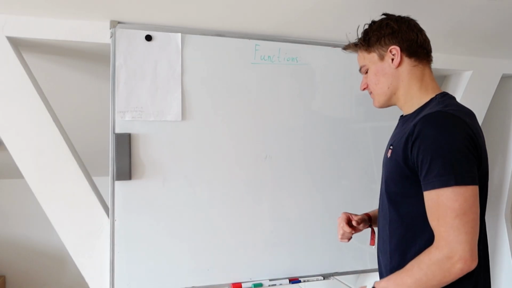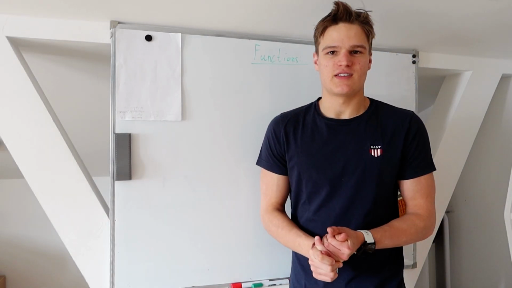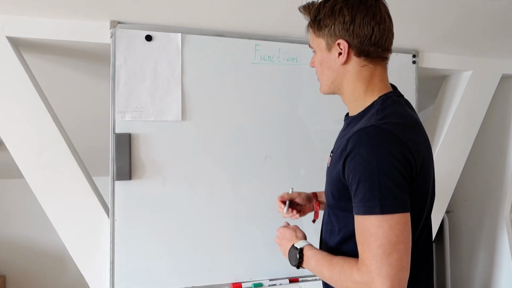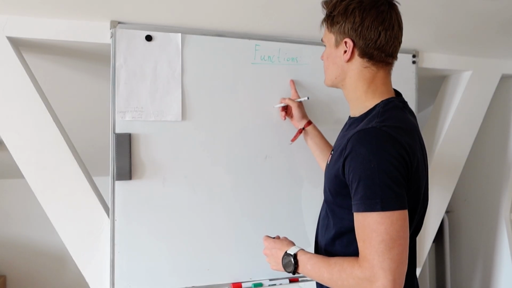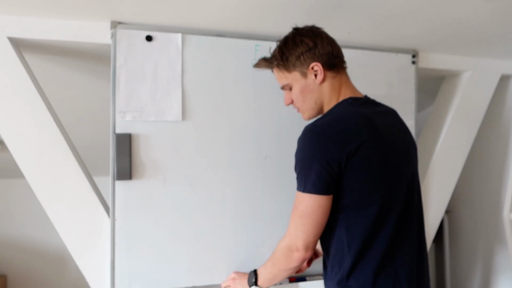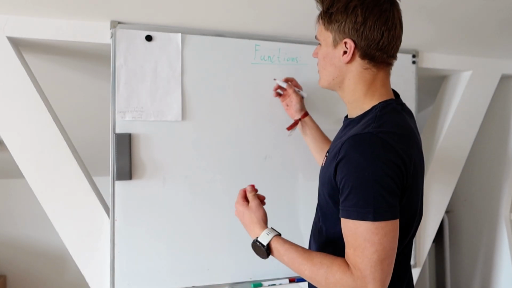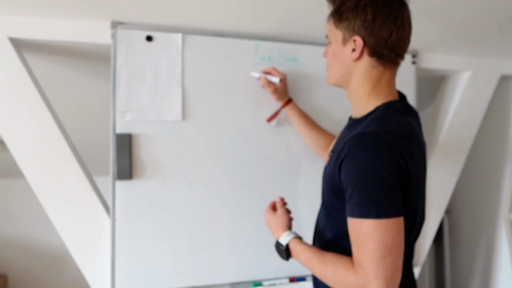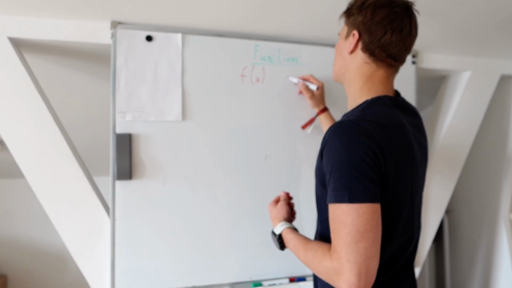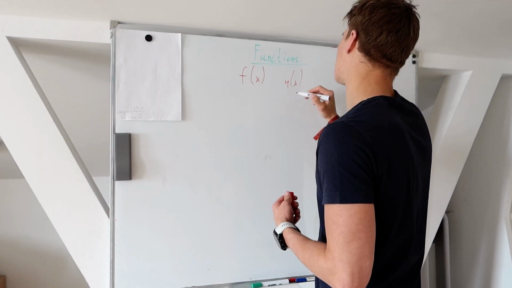Alright, so maybe let's start off with saying what a function actually is. A function is something that puts two variables into dependence. Usually when you talk of functions, you have two different styles of writing this. You have f of x or you have y of x, right?